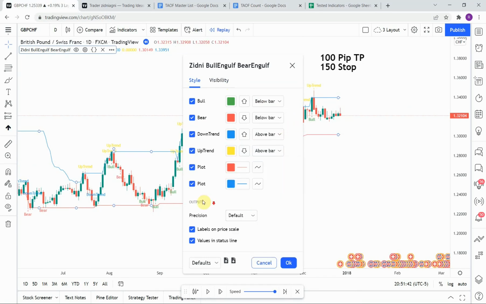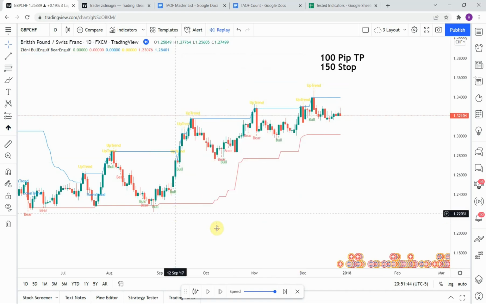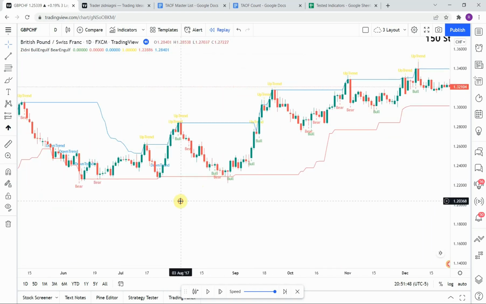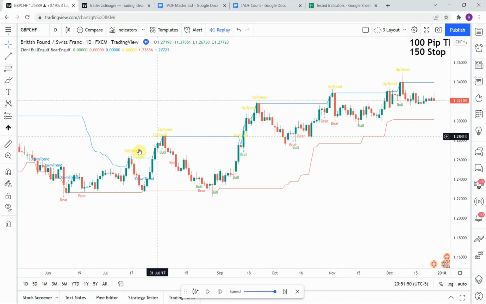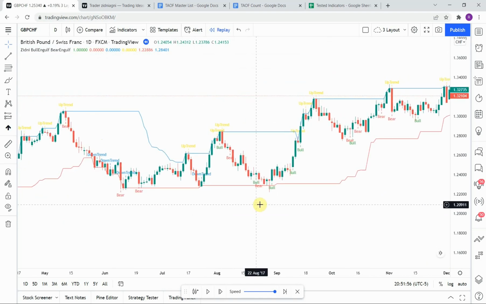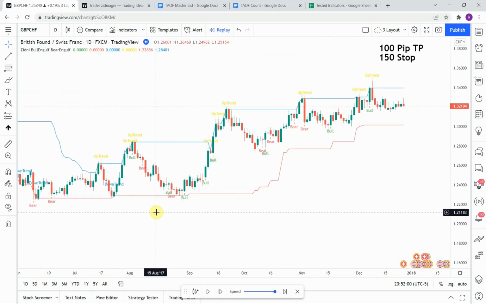I thought that might work, but it doesn't appear it's going to allow me to change the color. What I was trying to do is change the color of the uptrend labels. I know they're kind of hard to see. They're in yellow here, they say uptrend. And then we have these blue ones here that say downtrend. That's going to be the first thing that we are looking for.